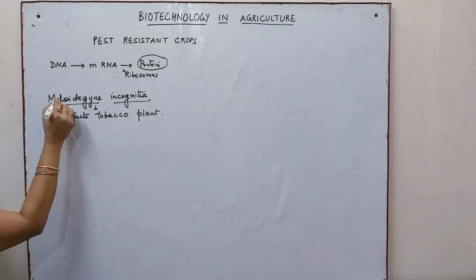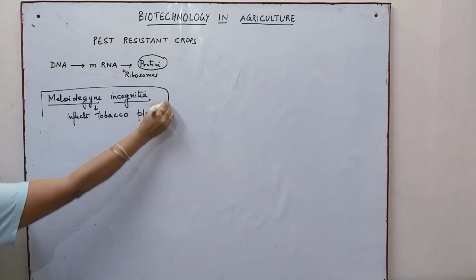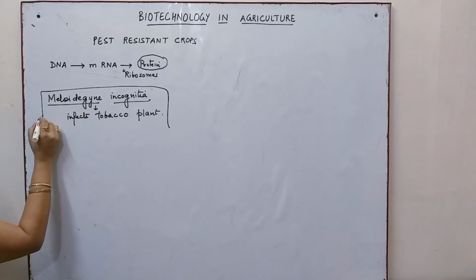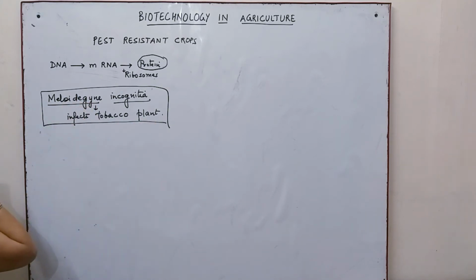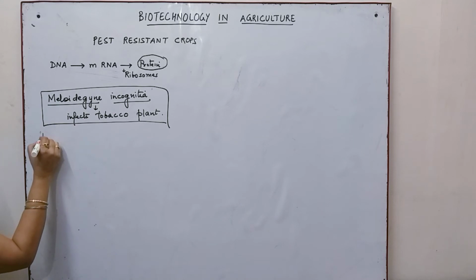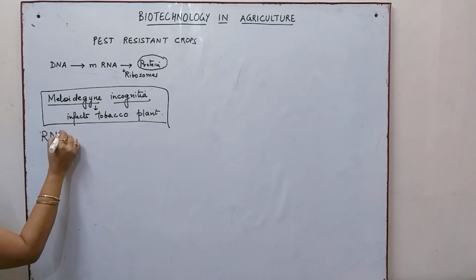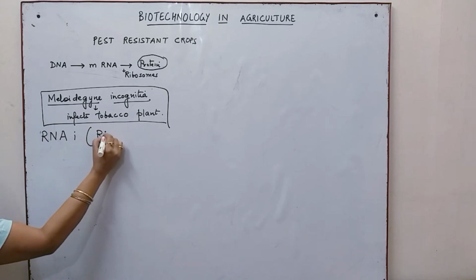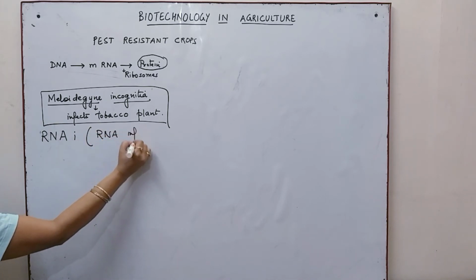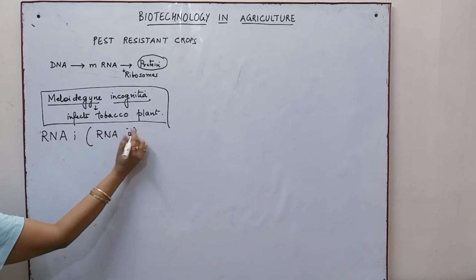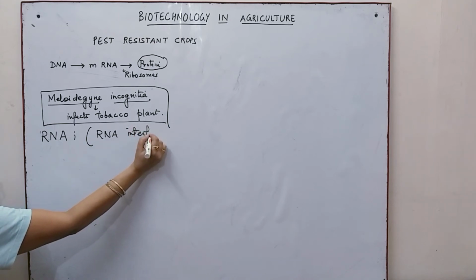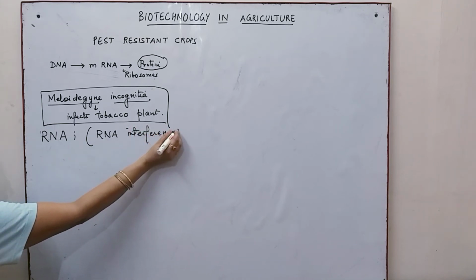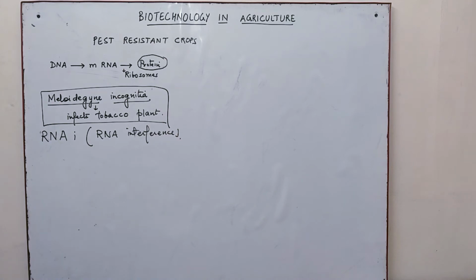So this infection by this particular nematode in the tobacco plant can be checked by RNAi, and this RNAi is RNA interference. Let us try and understand what RNAi is.